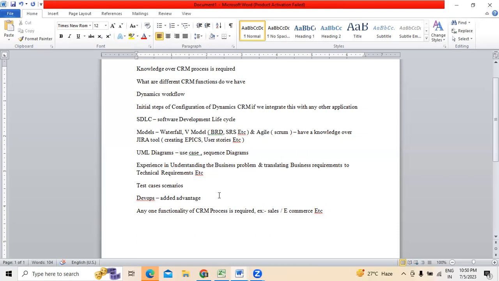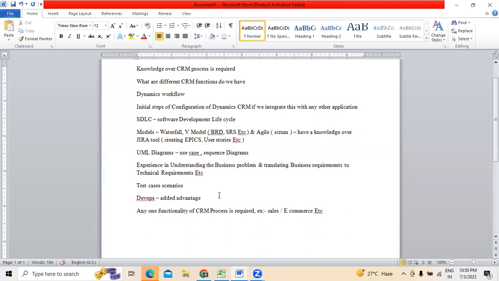There is nothing of that sort. That is the reason why knowing any one CRM, at least one, is needed; if you have knowledge of two CRMs, that's an additional advantage, because in a real environment people may have one or two. That depends on the kind of projects they have received. So that is one more thing you need to have knowledge of. This is also required apart from the workflows and everything.